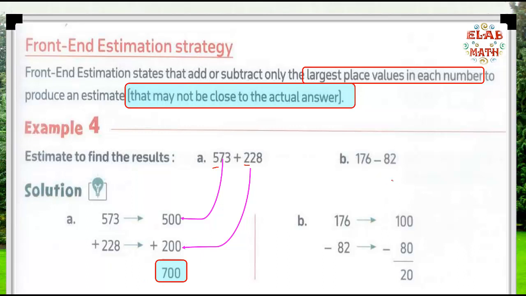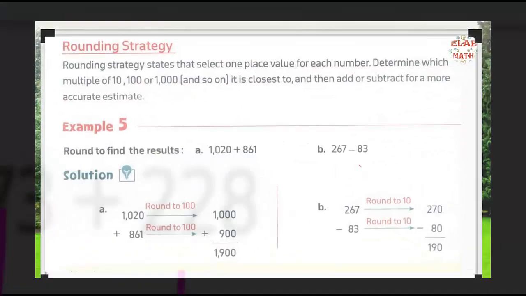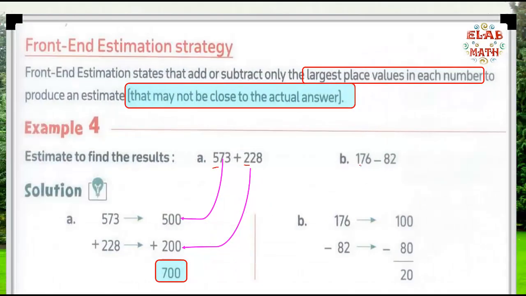If you have a subtraction statement, you can use the same strategy. We can do it like this. Estimate 176: leave the highest place without a change, 100, and the second one is 80. Make the subtraction: 100 minus 80 equals 20. 20 is the answer, or the difference.